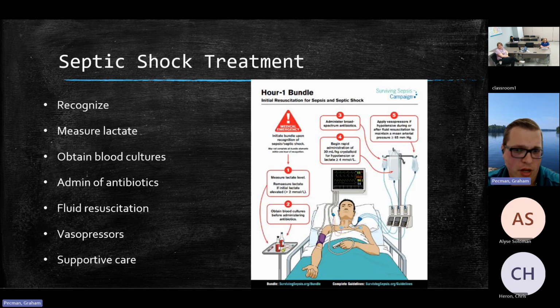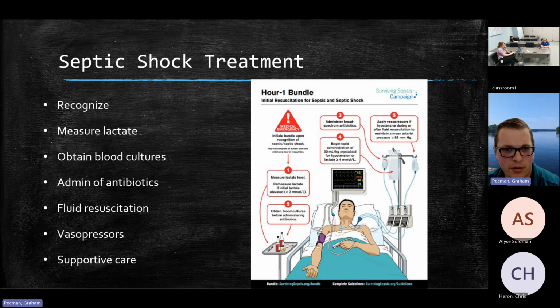So again, just like some of the other types of shock, the key is to recognize this early. This is from the Surviving Sepsis Campaign, the 1 hour bundle. There's also 3 and 6 hour bundles, what we should be doing initially, and then at the 3 and 6 hour marks. These have been shown to significantly improve in-hospital mortality rates with septic patients.